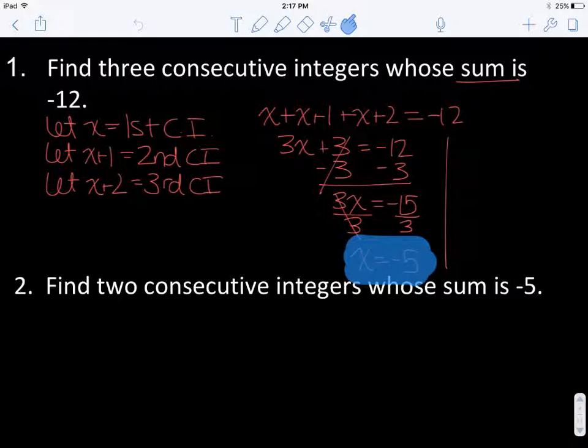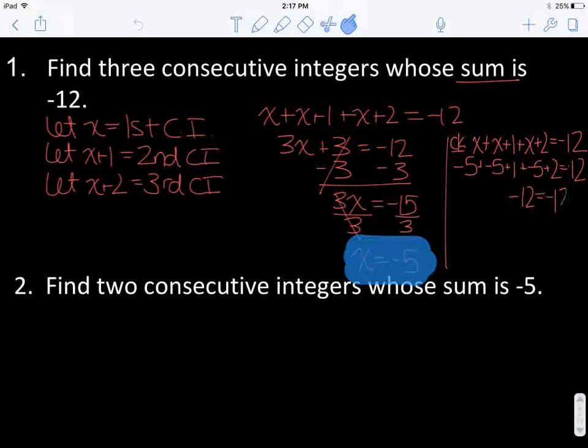For our check, always go back to your original. And we're going to plug in -5 for x. So -5 plus -5 plus 1 plus -5 plus 2 equals -12. -5 plus -5 is -10, plus 1 is -9, plus -5 is -14, plus 2 is -12.